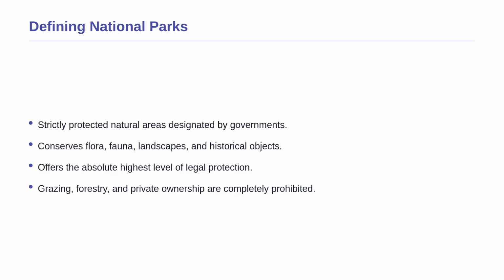What sets a national park apart is its absolute highest level of legal protection. Inside its borders, human activities like livestock grazing, commercial forestry, and private land ownership are completely prohibited. This strict zero interference policy ensures that the ecosystem remains entirely undisturbed by human development.